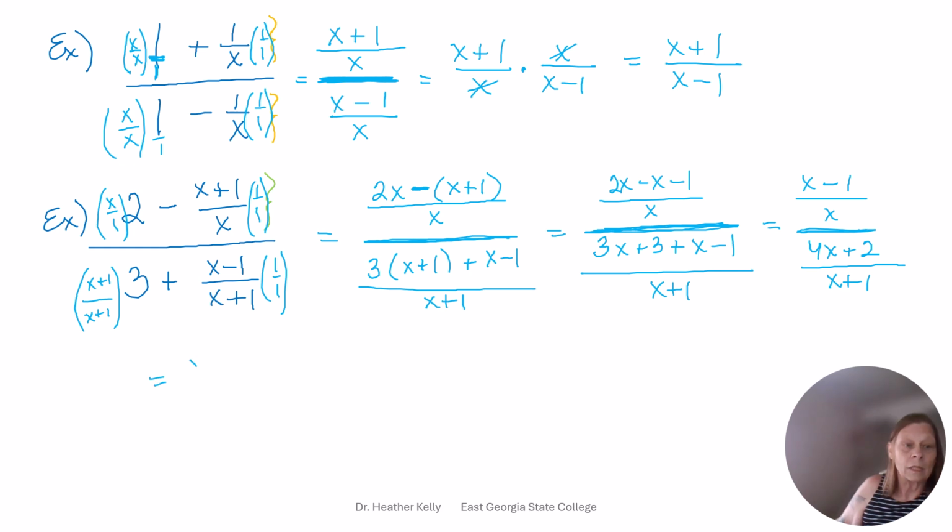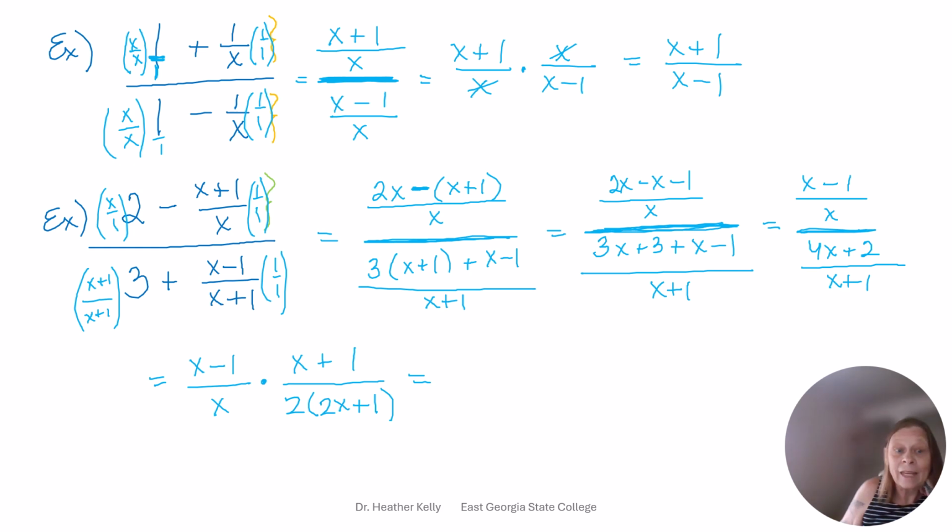Now we can stay, change, flip. So this is going to be x minus 1 over x times x plus 1 over, and I see I can factor something out of that, so I'm going to pull that 2 out of there, 2x plus 1. And is there anything that'll cancel?